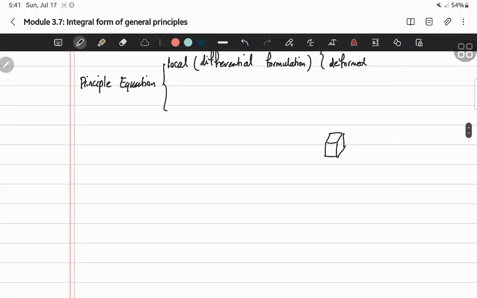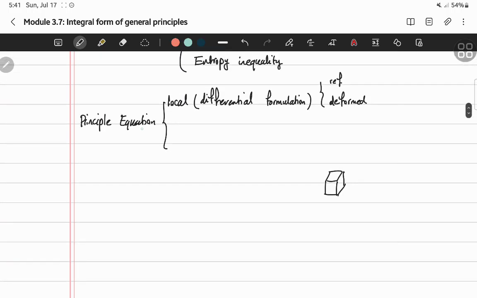Now we are going to look at these principal equations from another perspective. This time we're going to select a fixed part of the material, and then we integrate over the whole material.